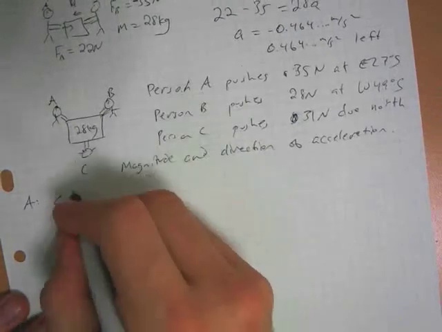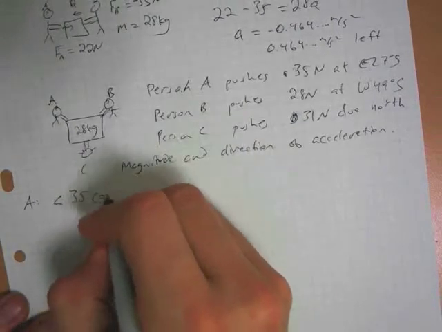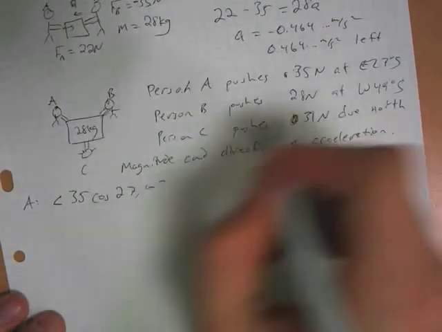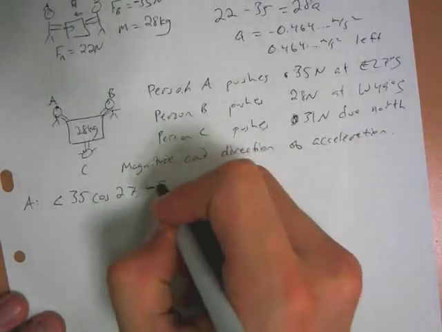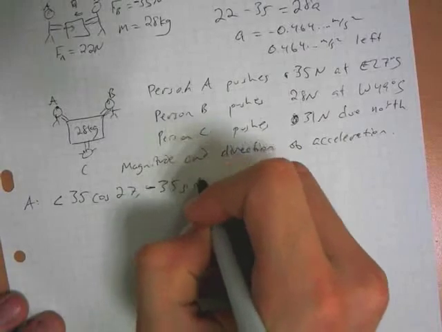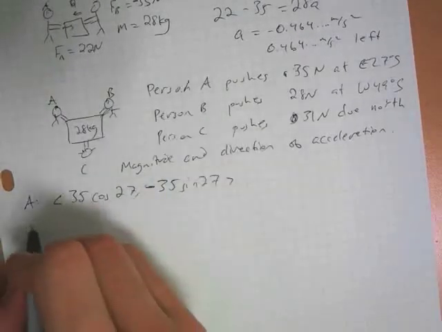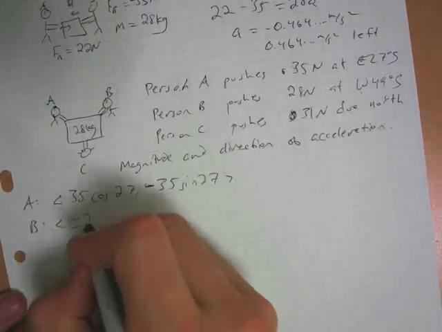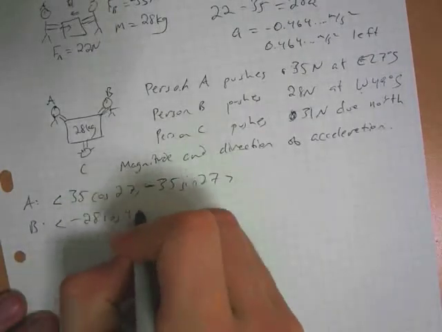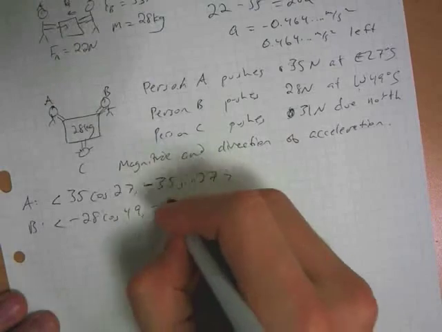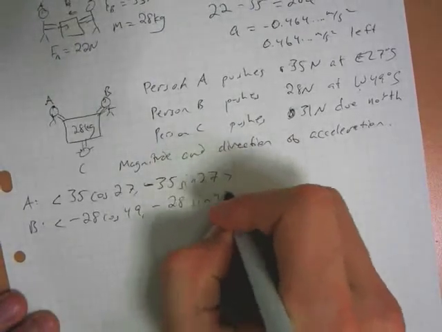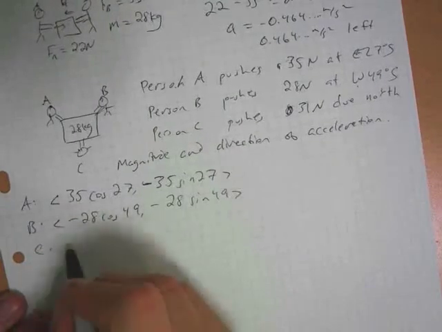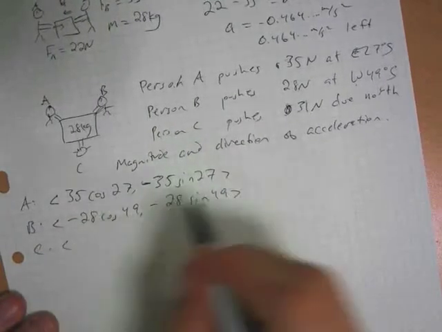Well, that's 35 cosine 27, minus, because since it's south, it's down, that's negative, minus 35 sine 27. Person B pushes west, that's negative 28 cosine 49, and south it was also negative 28 sine 49.